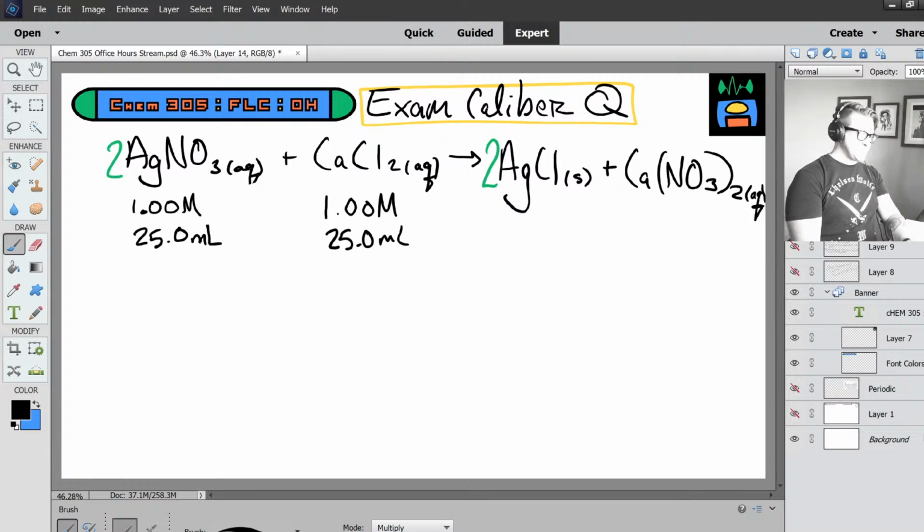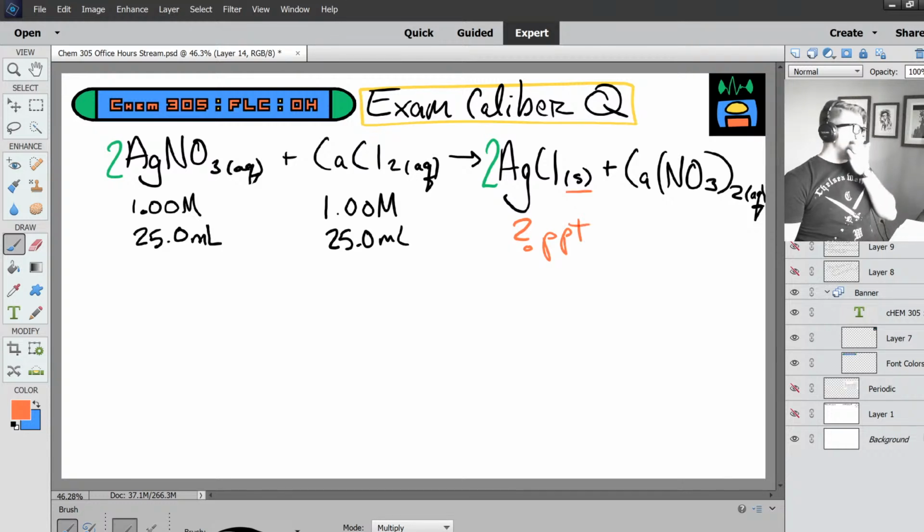And we're asked to find the theoretical yield of the precipitate, which is silver chloride.